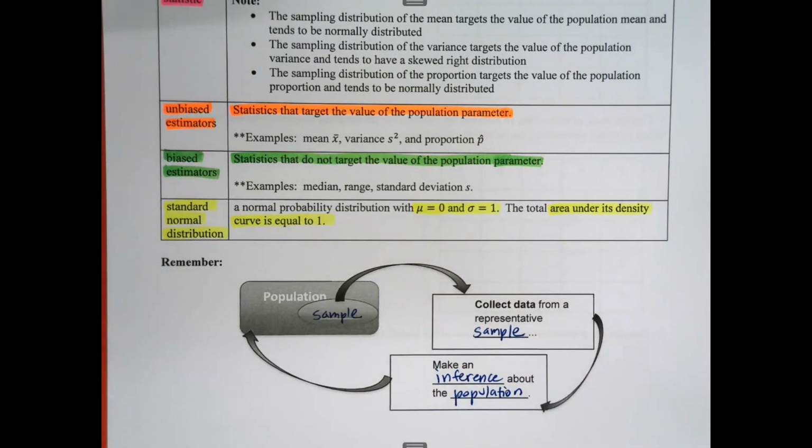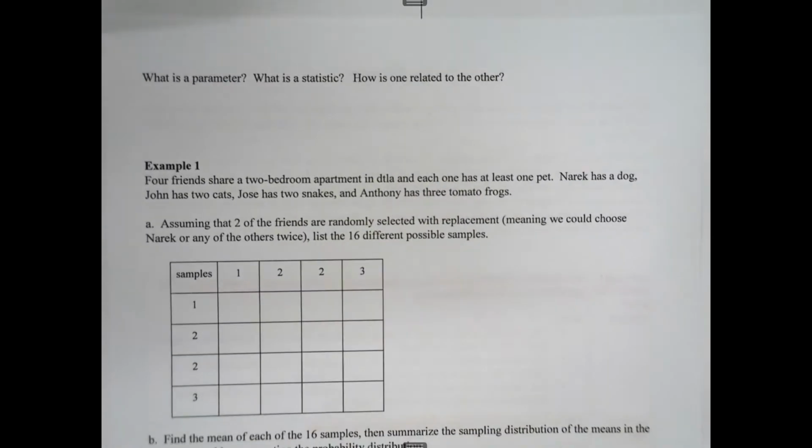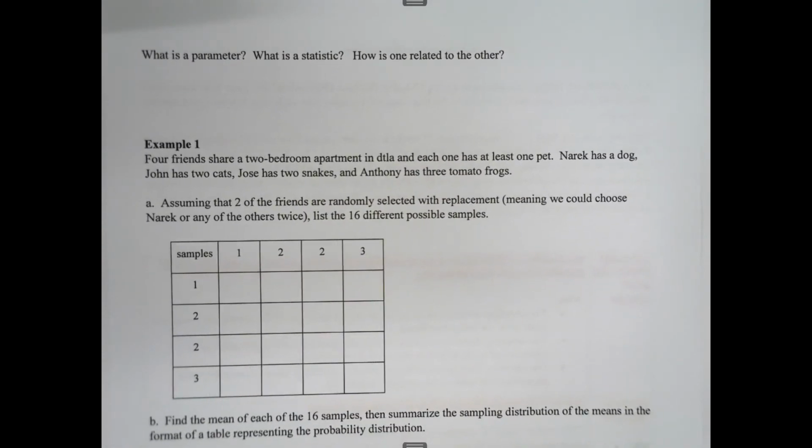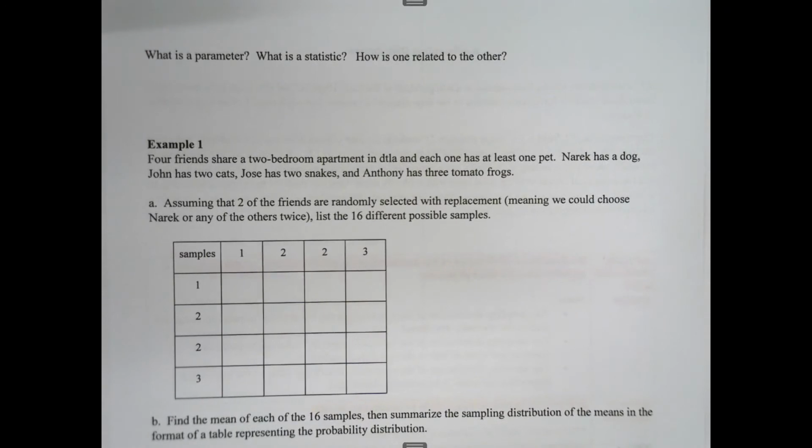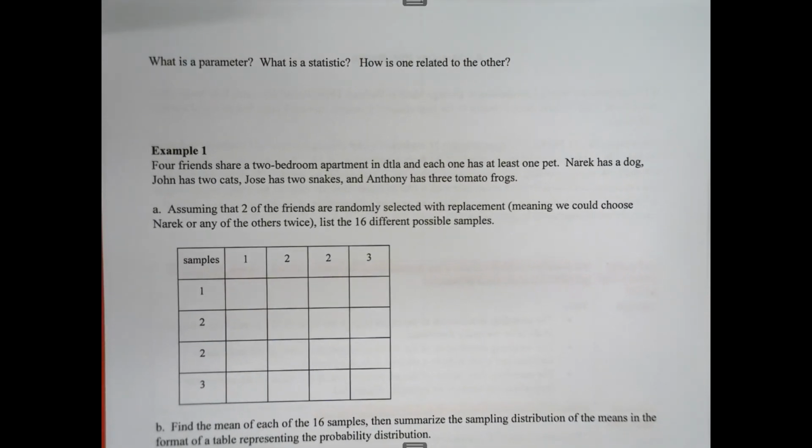Without the concepts in this section, we would have to go through and take every single possible sample, which would take a long time, and it would be very tedious. What is a parameter? What is a statistic? And how is one related to the other?